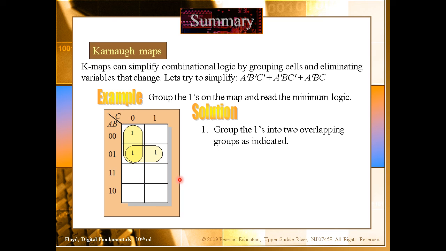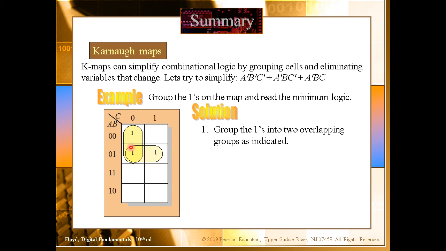We make groups of 1s. Now, if you look at here, how do you make the group? We make a group of 2 1s here. Group means you have to put 1s in a group. The way you make the group is like this.